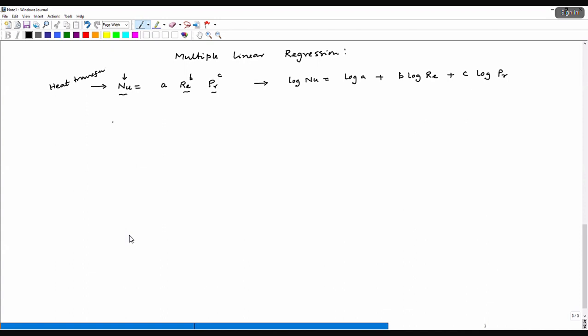But in general, you say that you have a variable Z, which is a function of X and Y. Let's say AX plus BY plus C. So Z is a function of X and Y. Z is the dependent variable, and X and Y are independent variables.